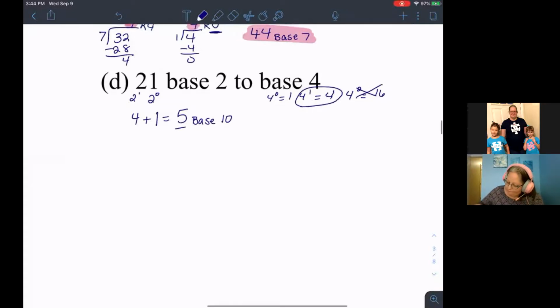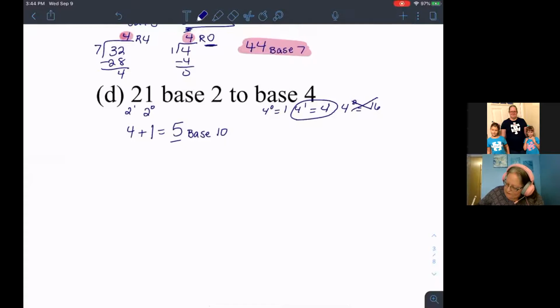So 5 divided by 4 is 1 with a remainder of 1.